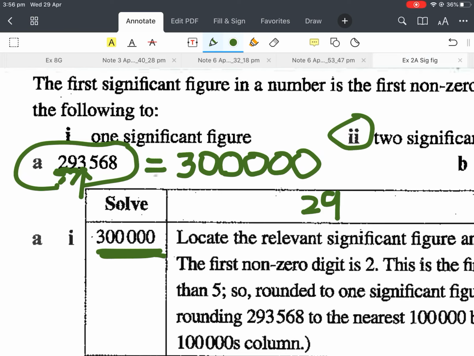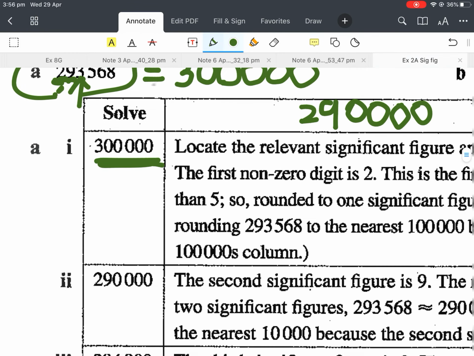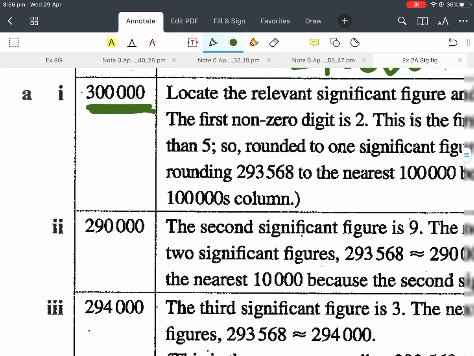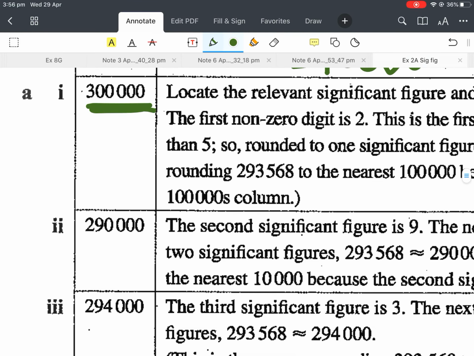The 3 is telling me that it's 4 or less, so I don't change the 9 in any way. However, I still have 6 digits in my answer, so I must make up my 6 digits by putting 4 zeros on the end. Notice 290,000 is roughly my answer. And if I go to the answers, there we go, we got 290,000.